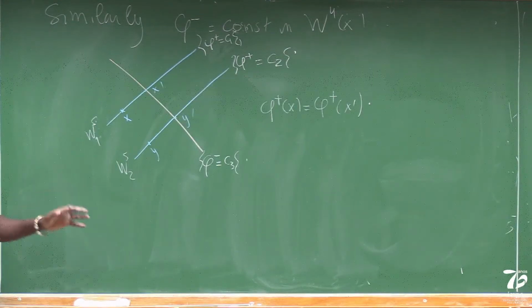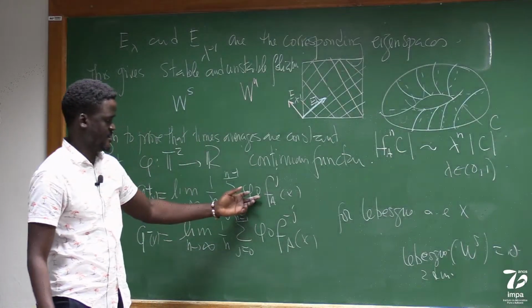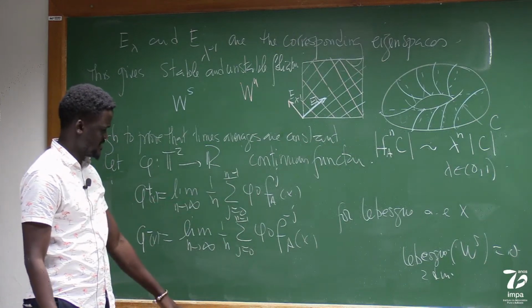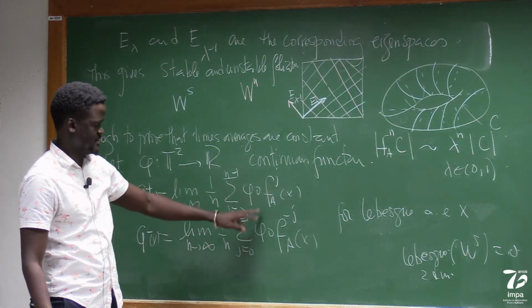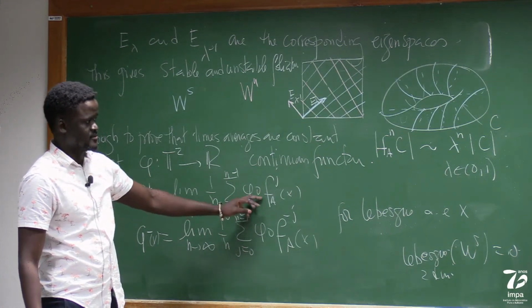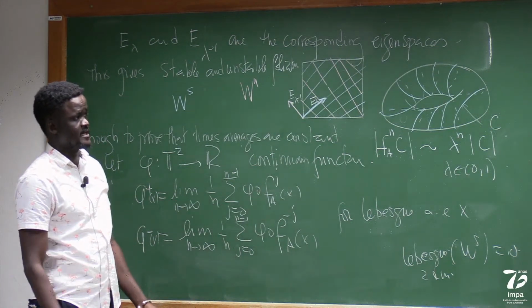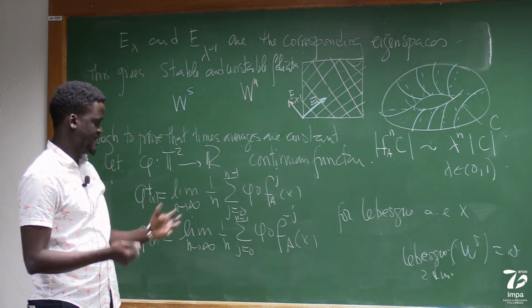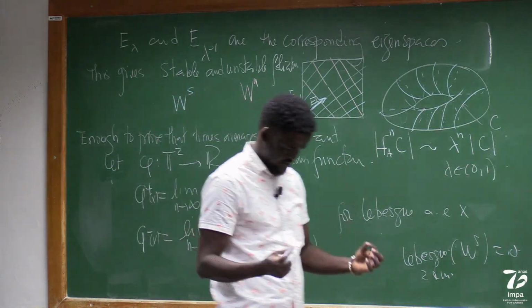But now you can see that there is a full measure set for which these two limits exist. I don't know if you have done this exercise, I think we haven't, that these two limits are the same when they exist at the same point.